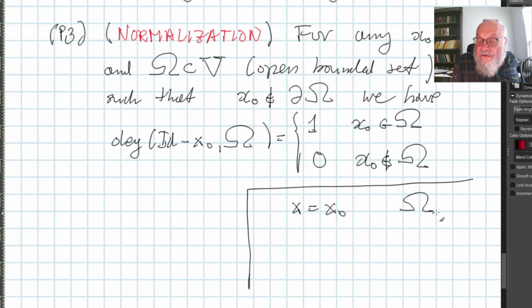So if x naught is in omega, that means the solution to this equation is in omega. How many solutions? One. So that property, normalization, is also telling you that the degree is non-trivial. That means sometimes it can be 0, sometimes it can be a non-zero number.